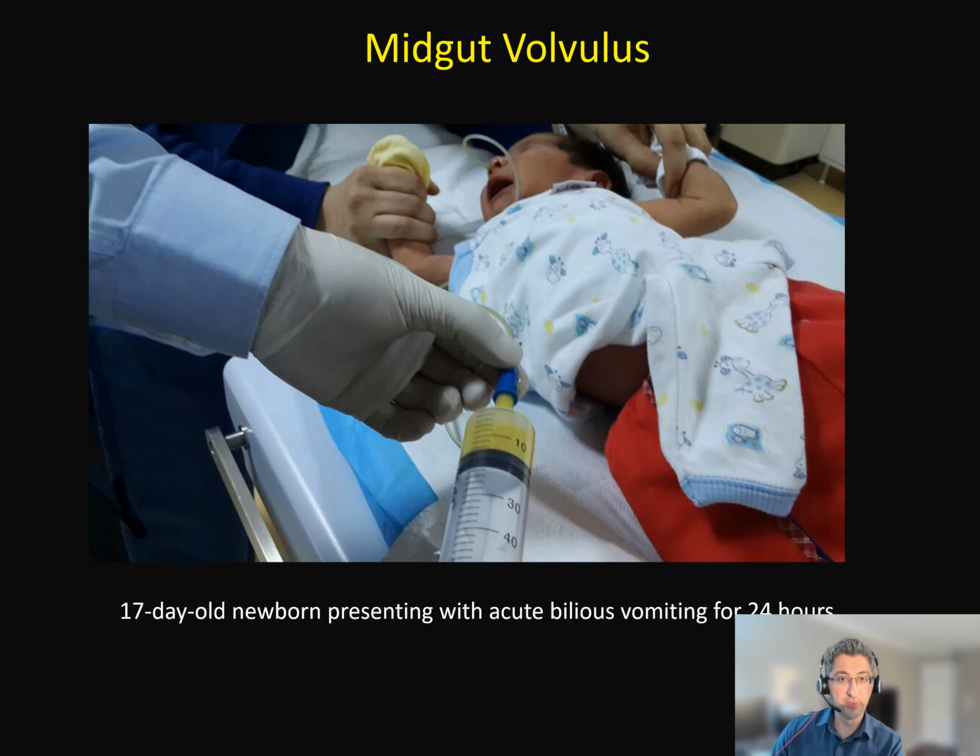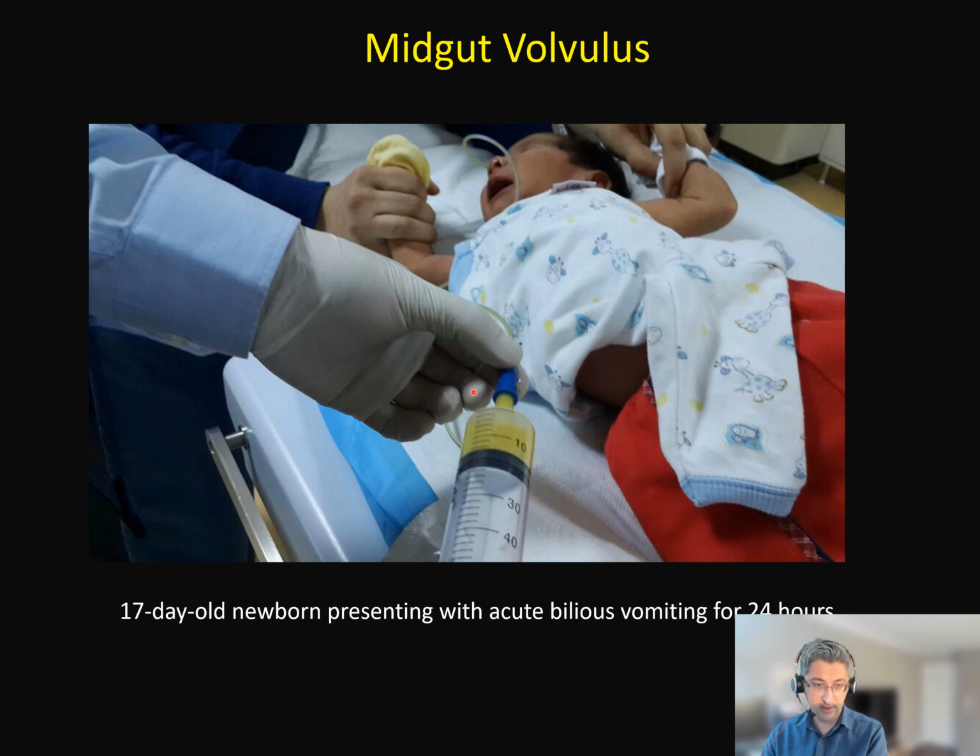So let me show you a few slides of how midgut volvulus occurs. This 17-day-old newborn presented with acute bilious vomiting for 24 hours, and was otherwise normal since birth. So this is me aspirating through the feeding tube.